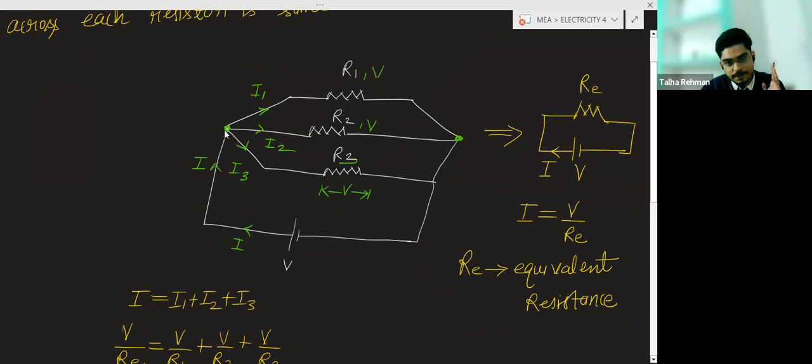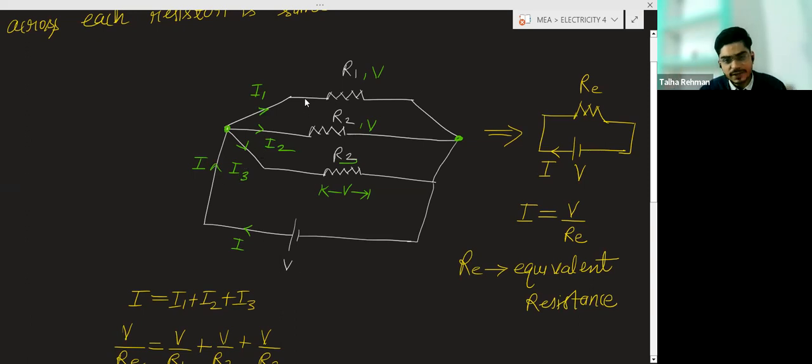Now here three pipes are connected. From this pipe, the water will go in this pipe also, in this pipe also, in this pipe also. So you can say the amount of water flowing in the three pipes is equal to the amount of water flowing in this pipe. So basically current I is equal to I1 plus I2 plus I3.